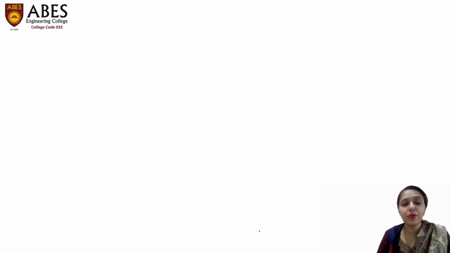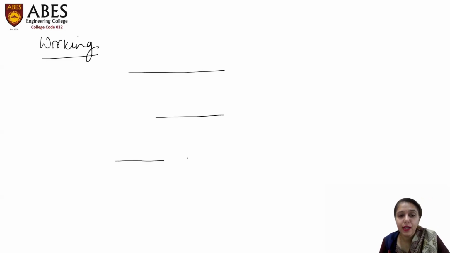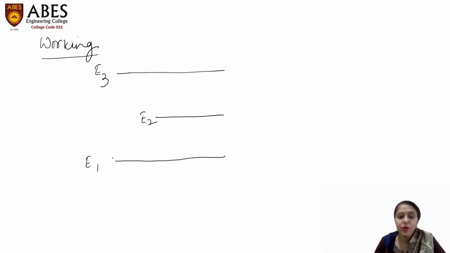Now, when we talk about its working, let's look at this diagram. I already told you that this is a 3-level laser. So we are going to draw 3 levels, E1, E2, and E3. In this case, the chromium ions, Cr3+ ions, are by default initially in the ground state.